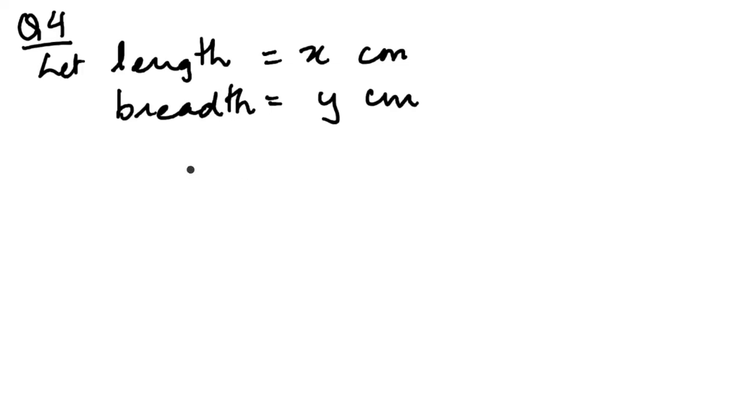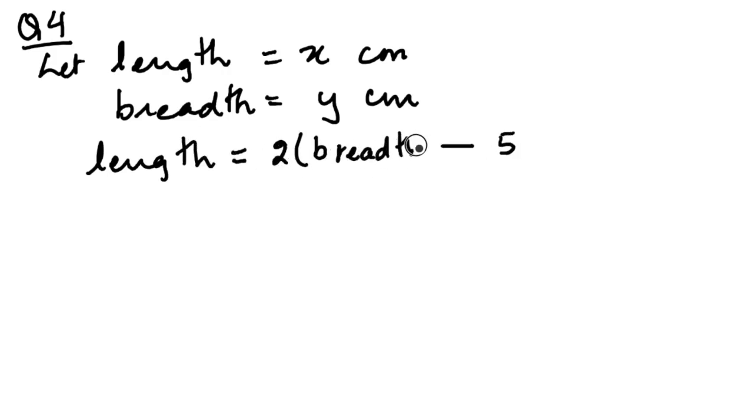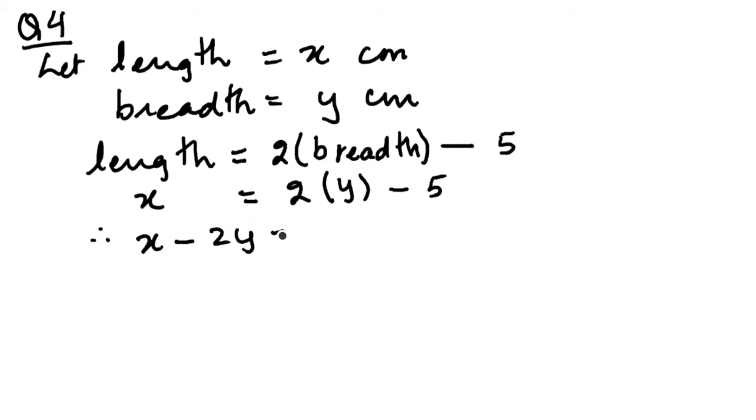They tell you that the length is 5 centimeter less than twice the breadth. So our length x will be equal to twice breadth, that is 2y, minus 5. So we will have our equation as x minus 2y equal to minus 5, and that becomes our equation 1.